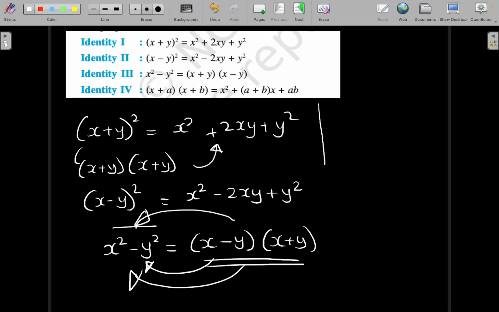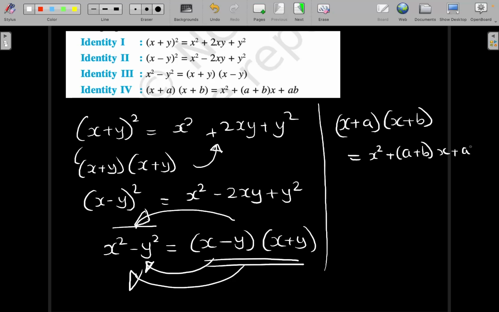And the last one you can see here, and if you look carefully, there is nothing much here. You just write these two factors and you expand it, and you will get x square, and you will get a plus b into x plus ab. Now the only interesting thing that we can say about this is that this is the explanation for your factorization of the quadratic by splitting the term.